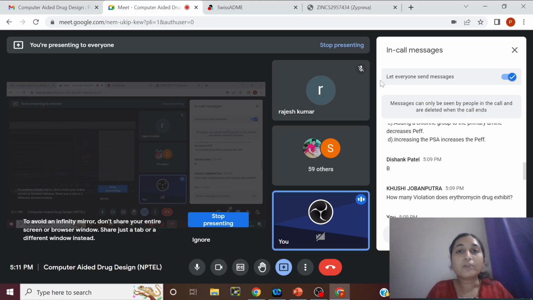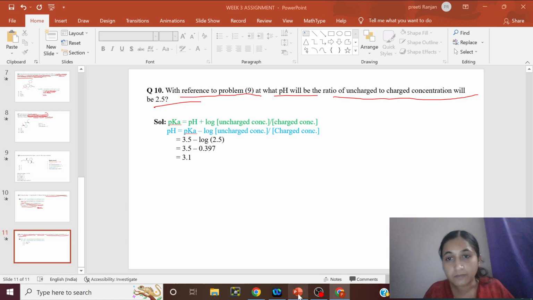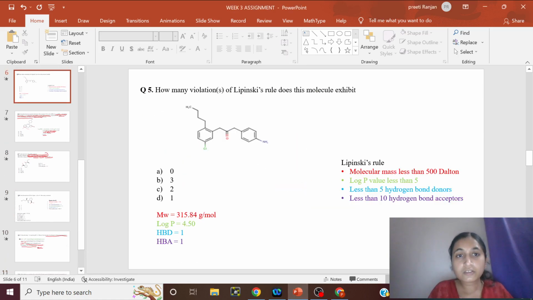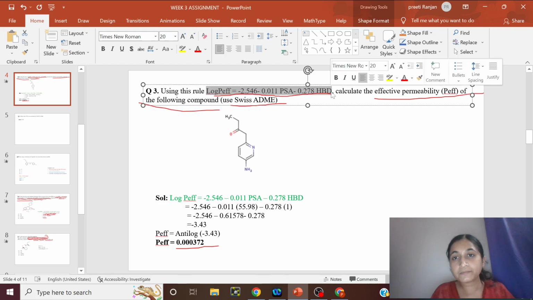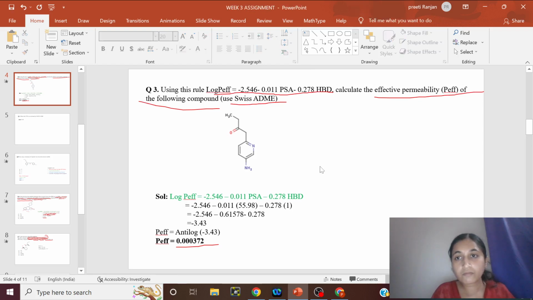P effective. One P effective formula is given there in the course. Yes, you have to put these values in this formula, and then we will check the P effective. Then you have to check it.